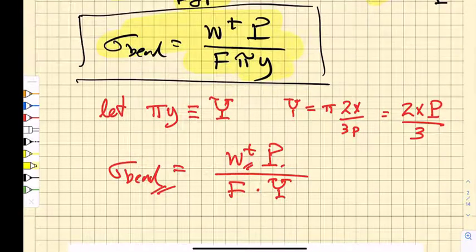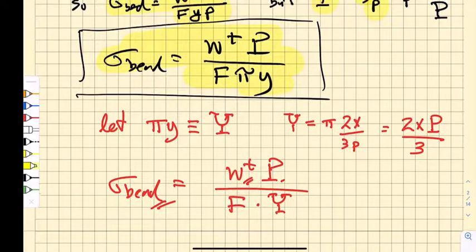So now we're going to go back to our relationship between small y and pi. We're going to collect those two together and we're going to replace it with a capital Y. And so that capital Y is pi times 2x over 3 times the circular pitch.